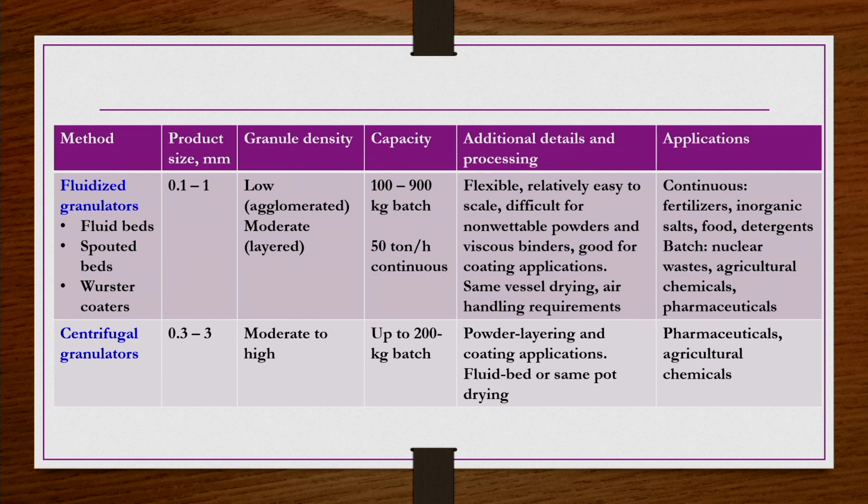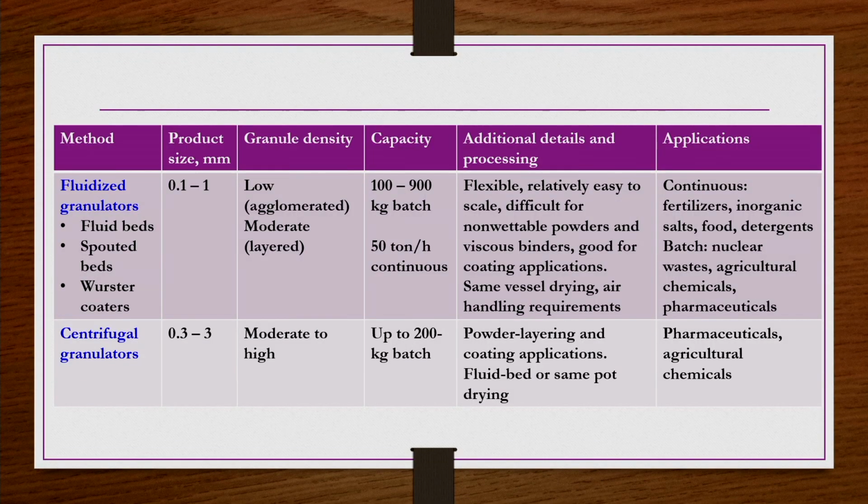The next method of size enlargement is the centrifugal granulators. Here also they are granulators because the agglomeration is taking place by agitation. Agitative action is causing agglomeration, granule formation. In the case of centrifugal granulators, centrifugation forces are the ones which are providing the required agitation. And these centrifugal granulators are good for producing product size between 0.3 and 3 mm.